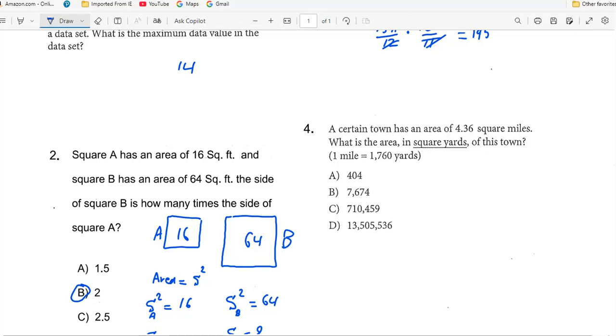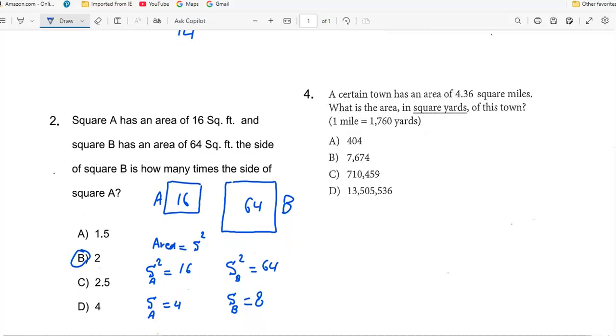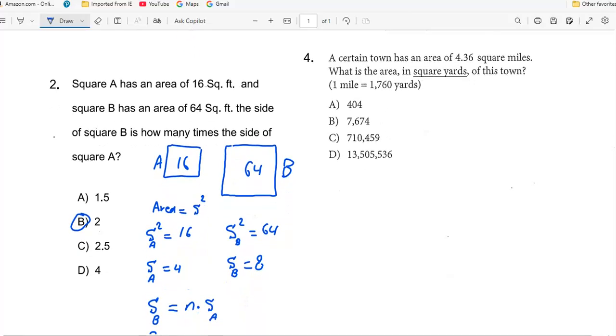Number 4, give it a try. For number 4, a certain town has an area of 4.36 square miles. What is the area in square yards of this town?